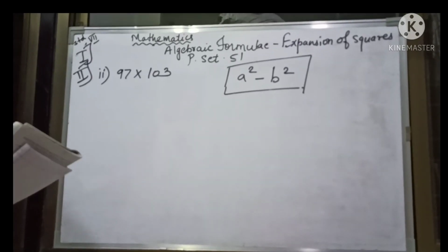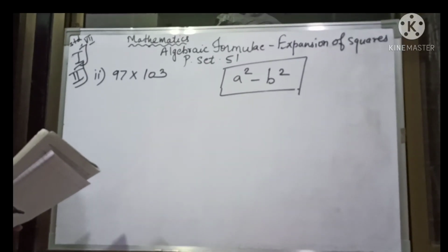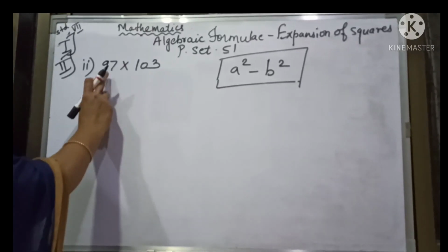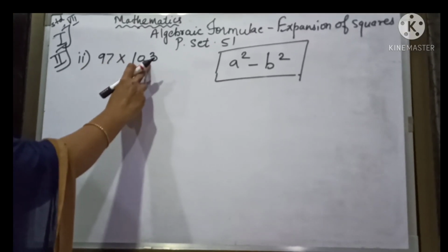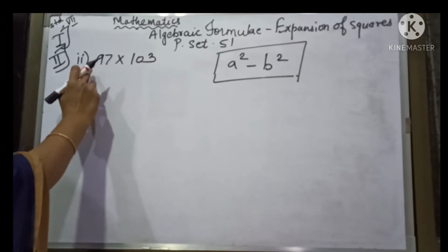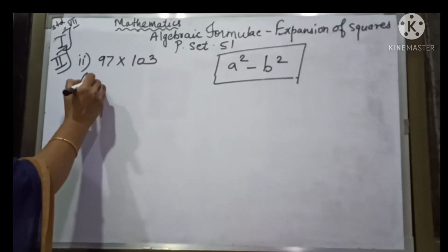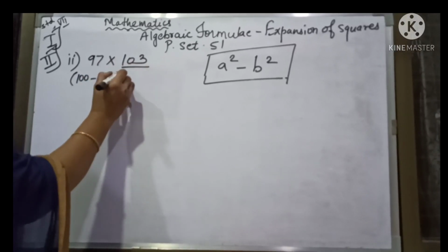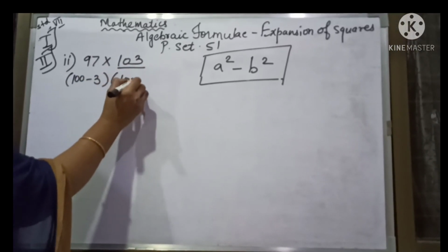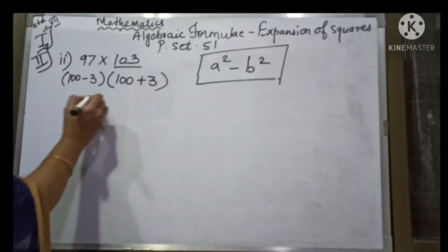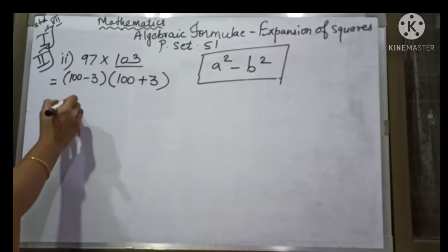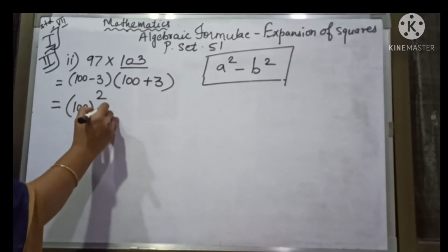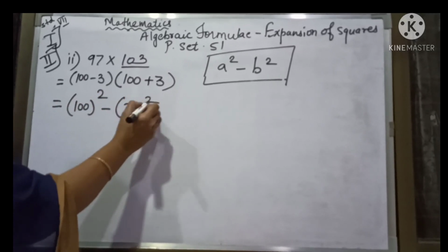The second question: use the formula to find out the value. Now you have to use this formula to find out the value of this product. So 97 we will write as 100 minus 3 and 103 we will write as 100 plus 3. By using this formula we have 100 square minus 3 square.